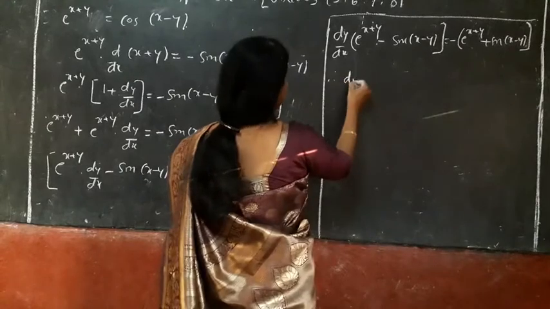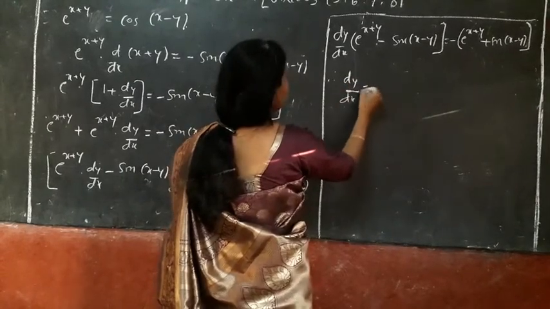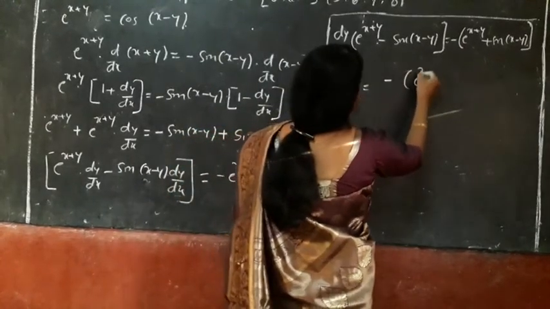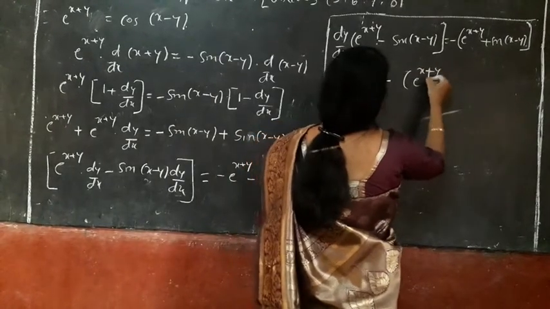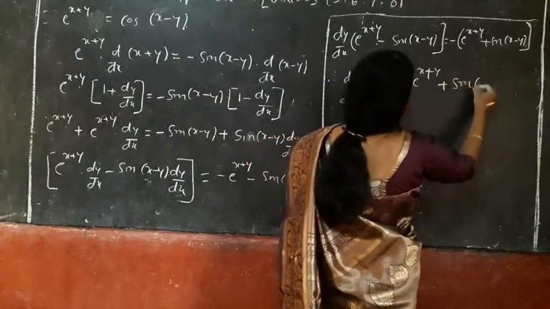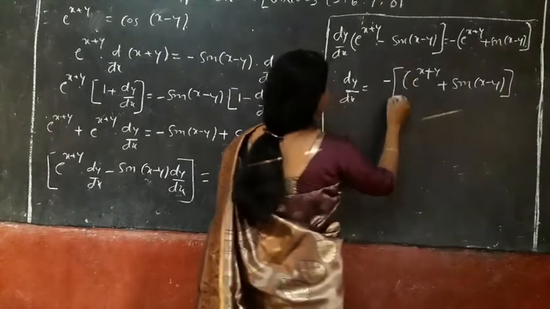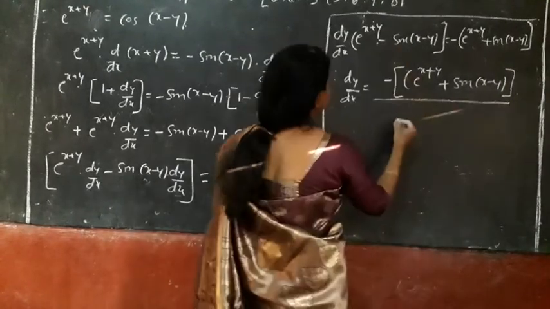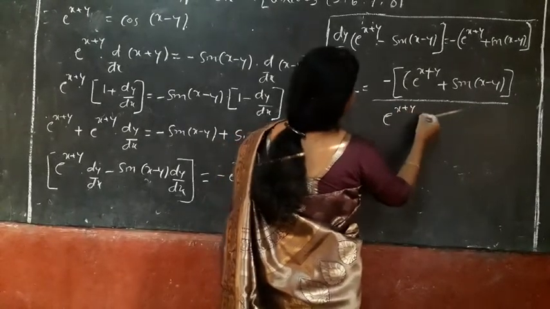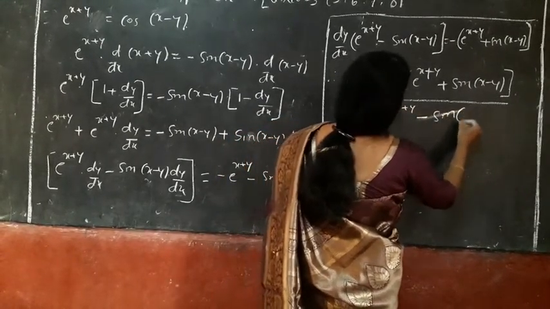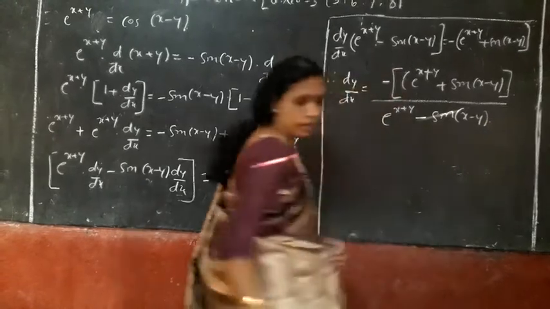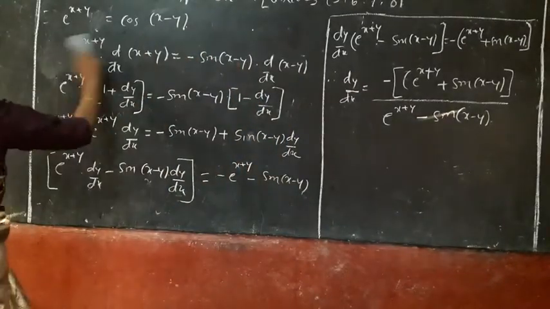Therefore, dy upon dx equal to, we can write minus e raised to x plus y plus sin of x minus y whole divided by e raised to x plus y minus sin of x minus y. This is the answer.